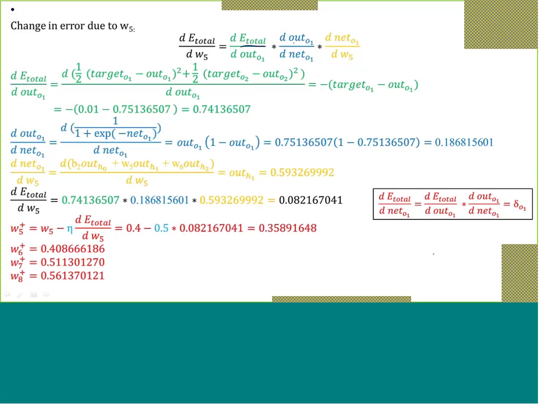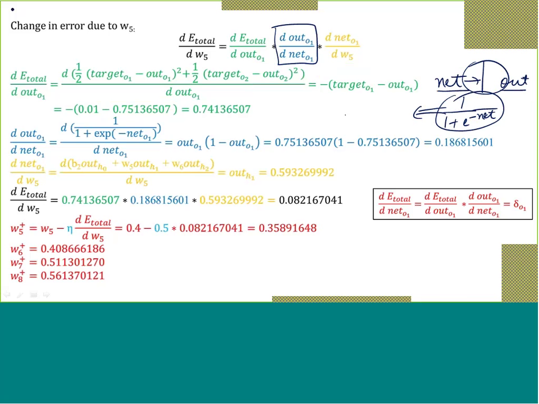when I want to calculate this expression, net out, what was net out? It is just a node I am getting. This is net here, and out here. I'm just differentiating this out with respect to this net, and how it is related. Out is 1 upon 1 plus e to the power minus net, right? And you remember the differentiation of this rule was, as I told you a few slides before, out 1 times 1 minus out 1.